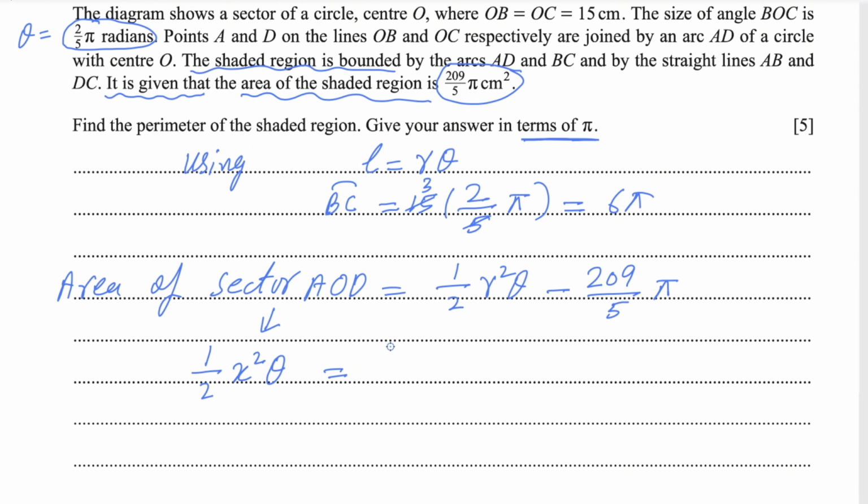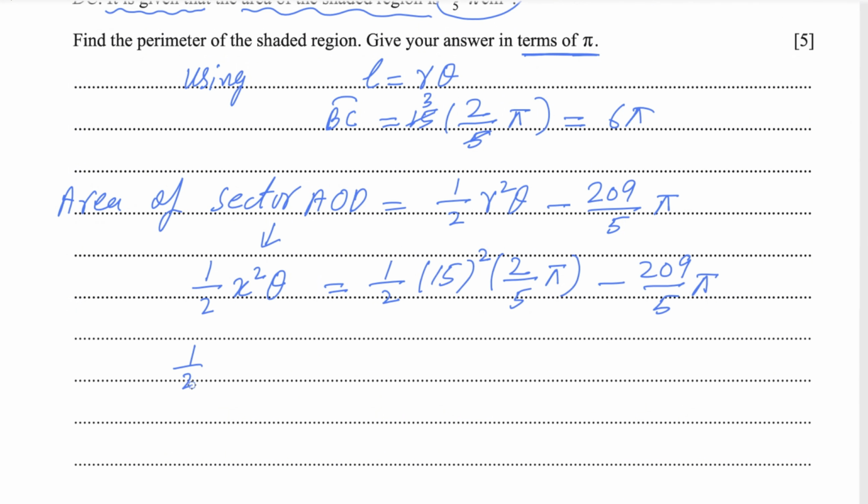So this equals 1 over 2 times 15 squared times theta, which is 2 over 5 pi, minus 209 over 5 pi. Simplifying with a calculator: 15 squared is 225, and 225 divided by 5 is 45, so this part is 45 pi minus 209 over 5 pi.